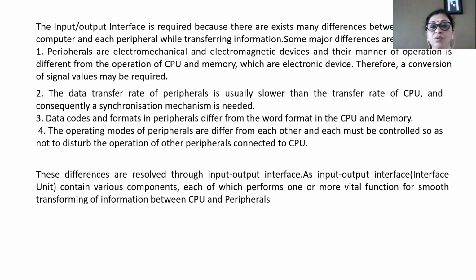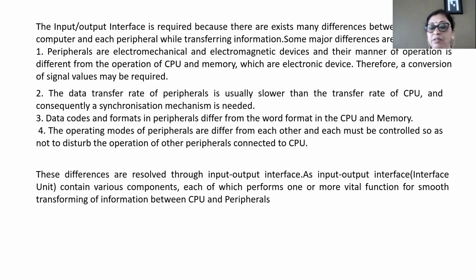Peripheral units are slower, and therefore, to cope with this speed difference, there must be a mechanism to provide synchronization between these two devices of different speeds. So this is the second reason why there is a need of an interface between input-output devices and the central processing unit: the data transfer rates are different.